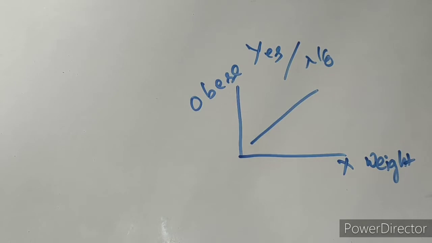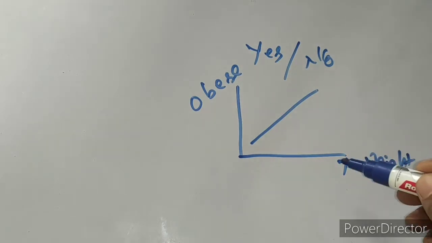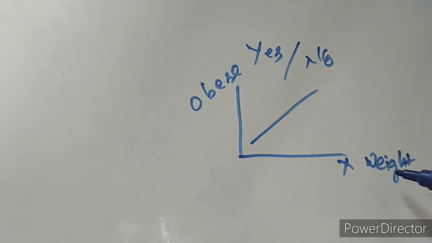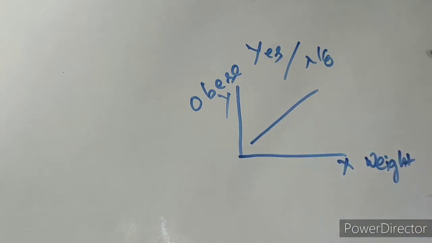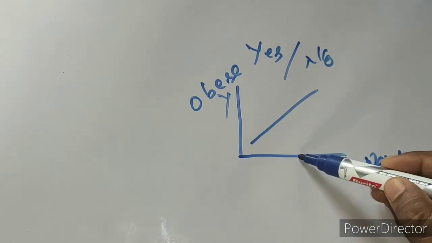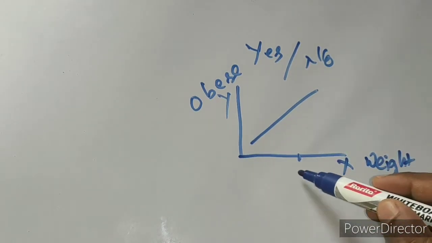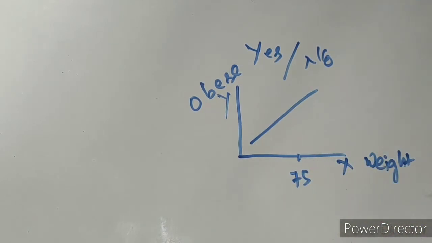As we can see on the screen, the x-axis is for the weight feature and the y-axis is for the obese feature. Suppose we are identifying a point where the weight is 75 kg.